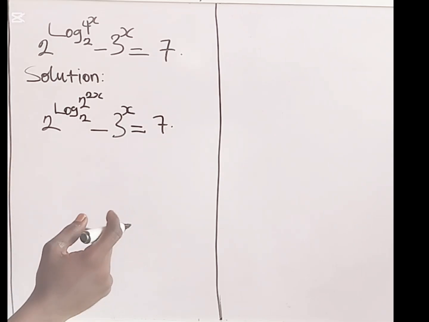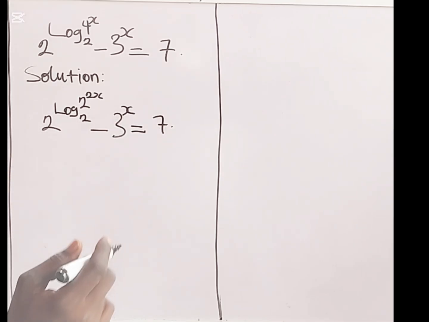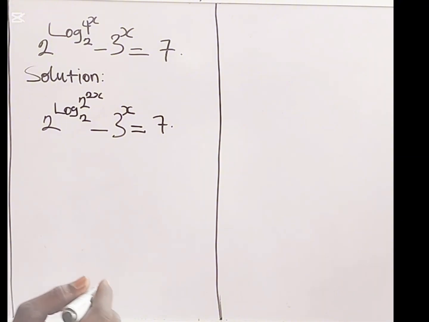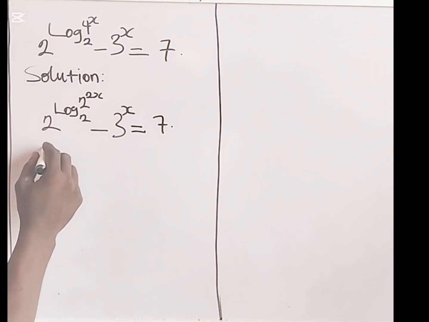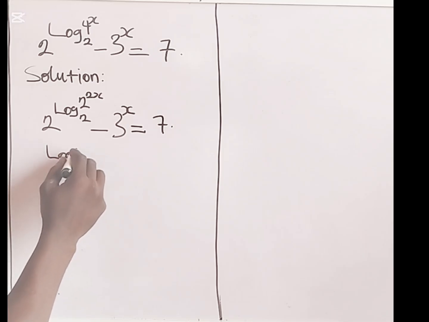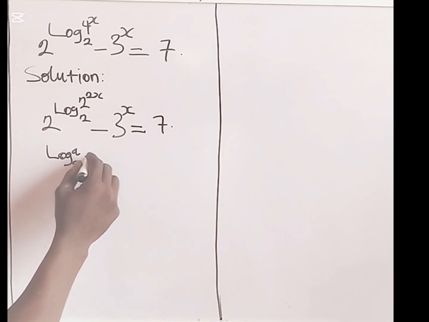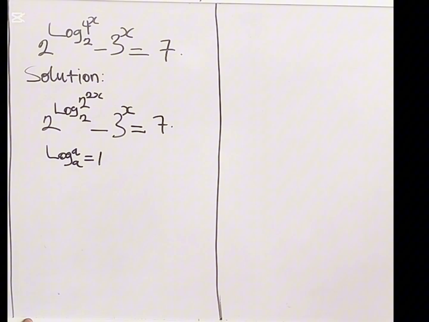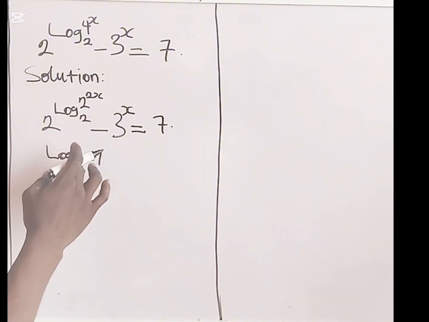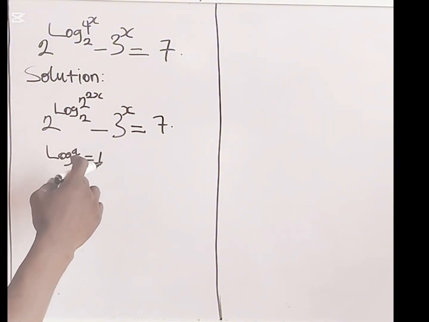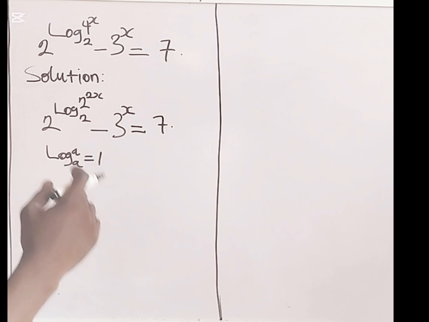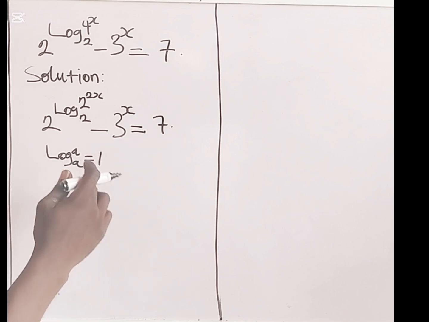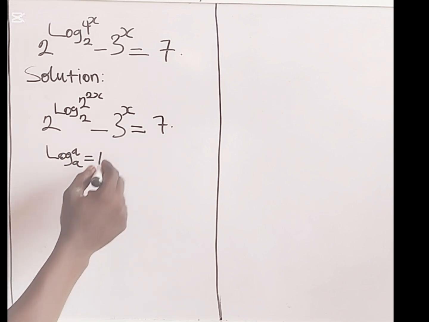Now when we get to this point, we're going to apply two laws of logarithm. The first law states that when you have log a to base a, the answer is 1. Log of any number when the base and the number are the same, then the value is 1.